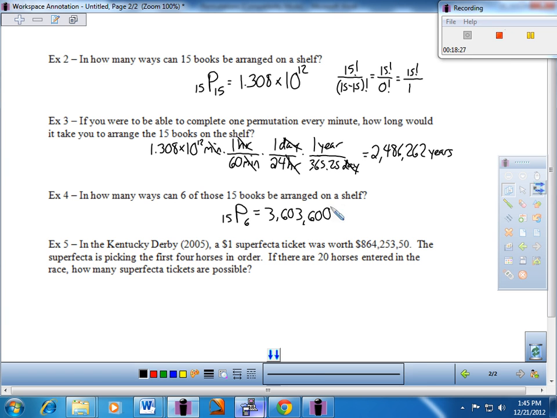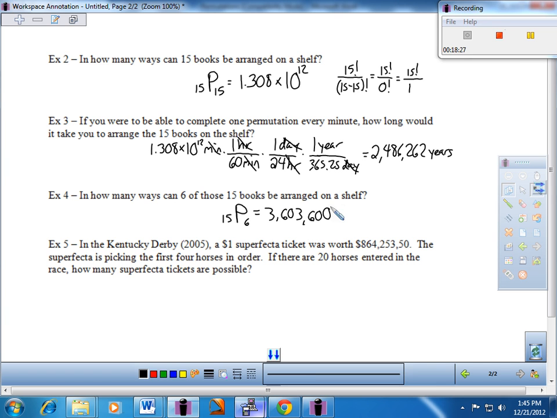That's how many different arrangements you can make with just having 15 books and arranging 6 on the shelf. So you can see the dramatically large numbers there. Perfect. Hey guys, let's do the last one here. And I actually remember this one.